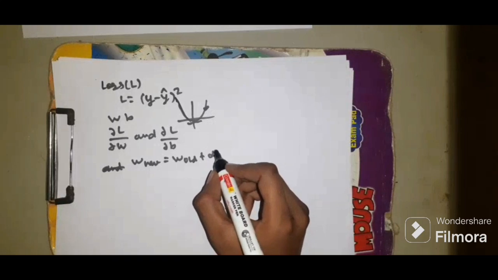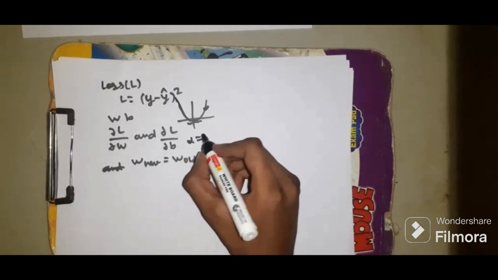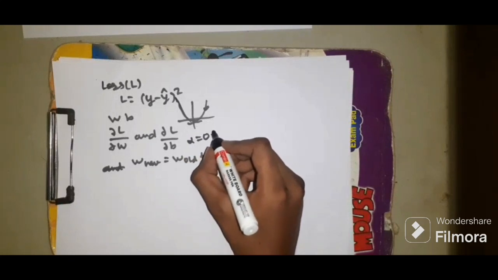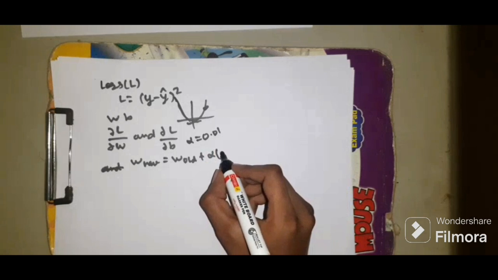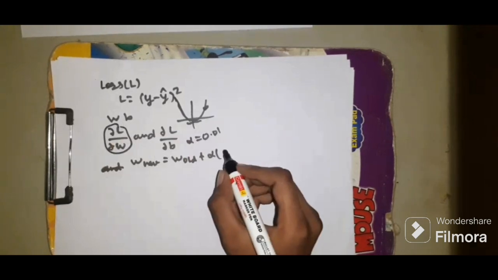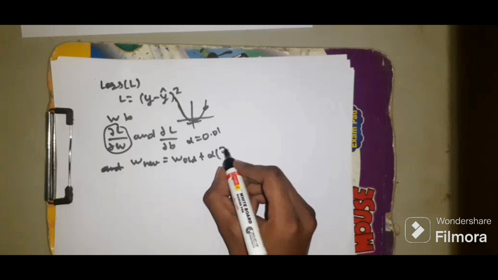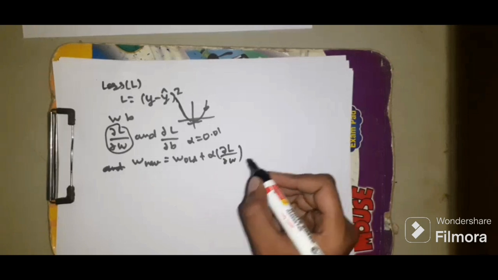That's why we are taking the learning rate, and usually take the learning rate as a small value such as 0.01, and we add the gradient we have calculated here, that is del L by del W.